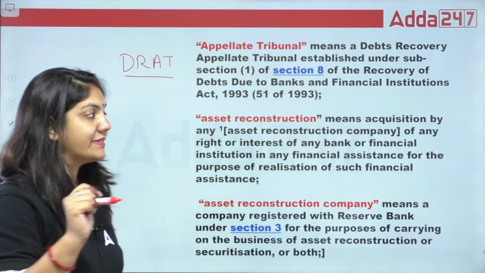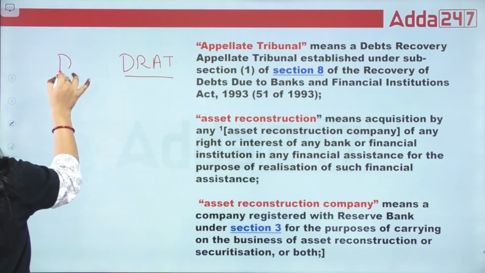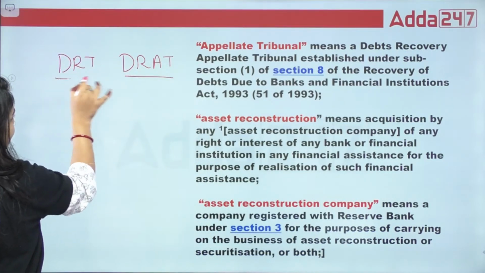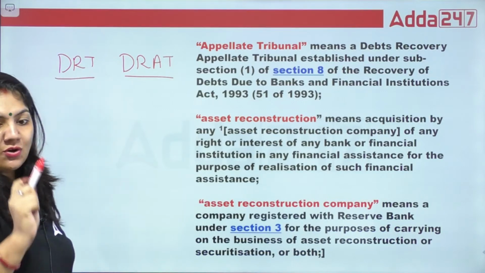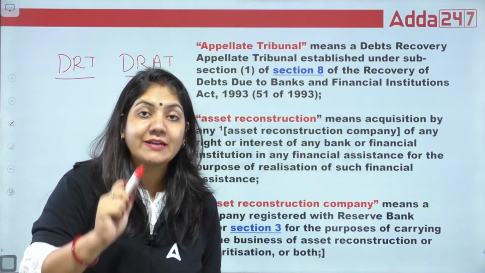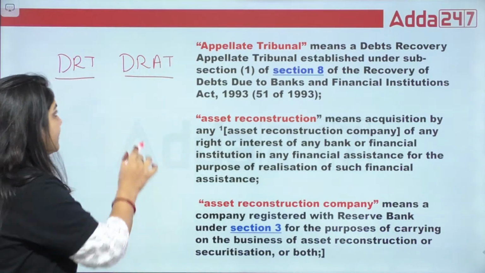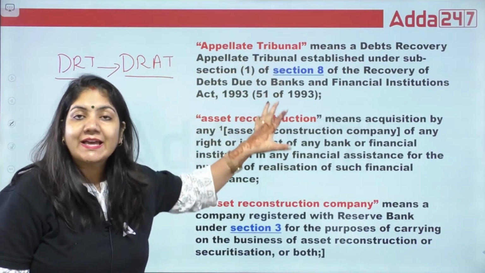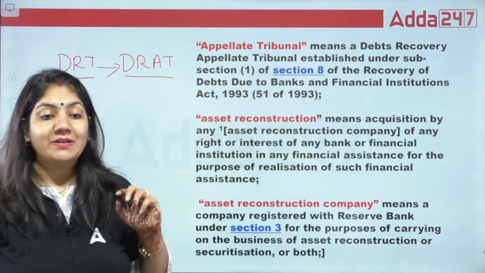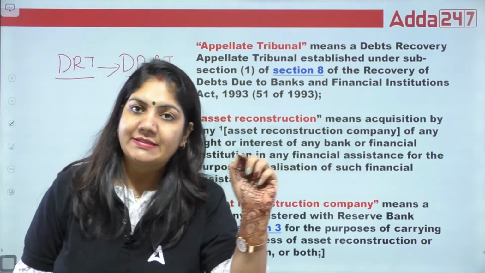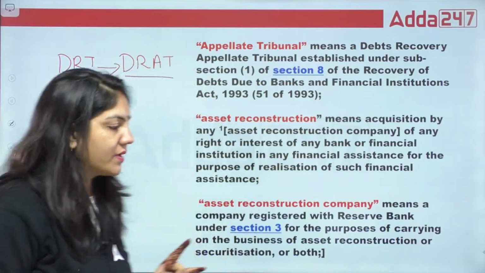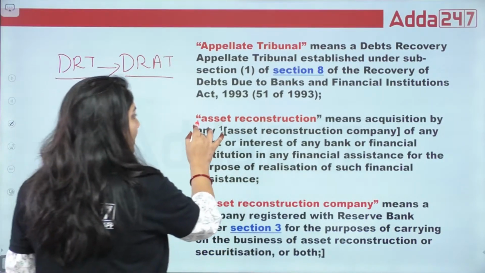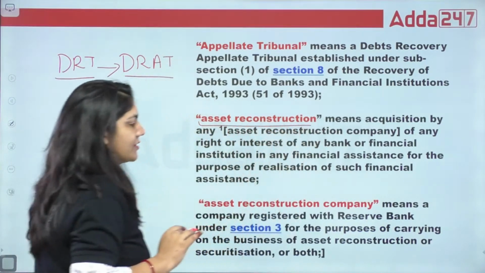We have read that DRT is the tribunal. If we are not satisfied with the DRT decision, we can appeal to the DRAT. So in the Surface Act also, the appellant tribunal is DRAT. That's it.